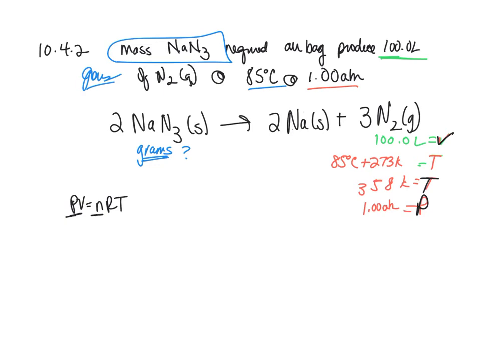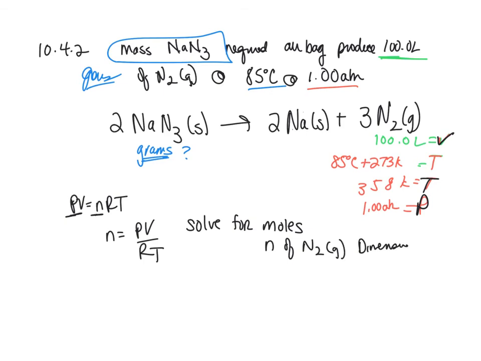Because if we can solve for moles, so n equals PV over RT, which is n of nitrogen gas, then we can use dimensional analysis to go from 3 moles of nitrogen gas equals 2 moles of sodium azide, and then for 1 mole of sodium azide, what's the molar mass?